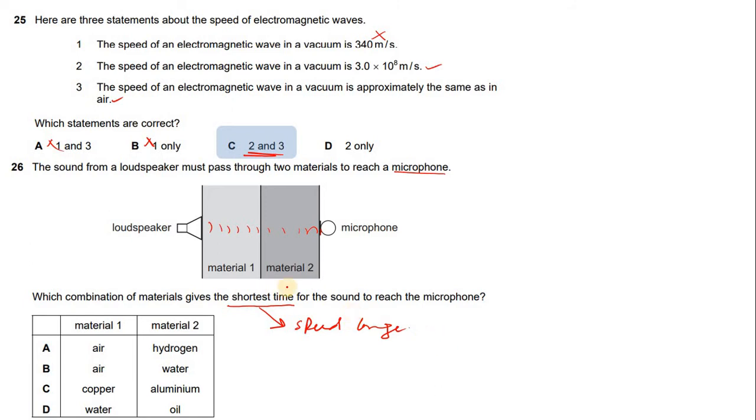It is all about sound waves, and sound travels fastest in solids. So both materials must be solid. Air and hydrogen, no. Air and water, no. Copper and aluminum, yes. Water and oil, of course no.